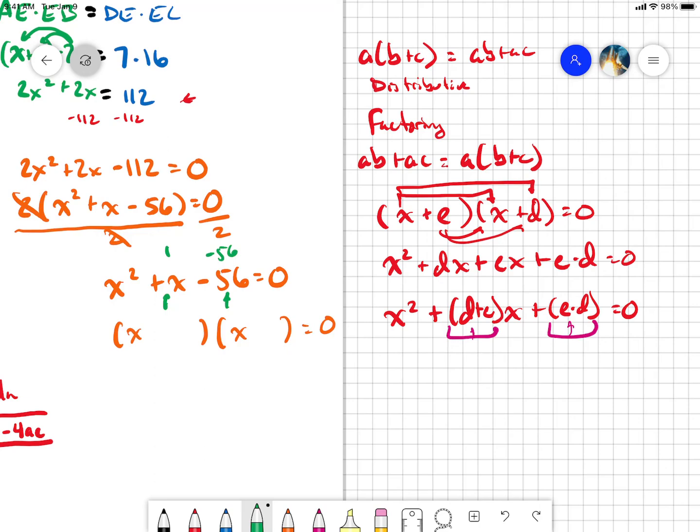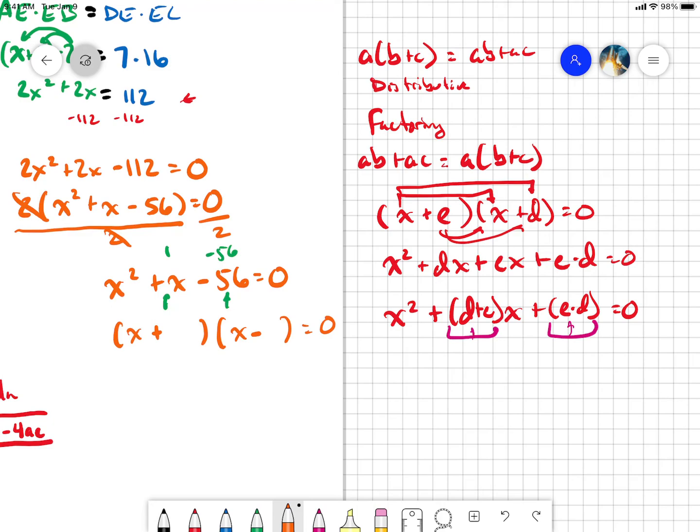Now, because it's negative 56, if I multiply two numbers together and they end up being a negative, doesn't that mean one's positive, one's negative? Because if they were both negative, I would end up with a positive number. If they were both positive, I'd end up with a positive number. So when I multiply them out, one has to be positive and one has to be negative. The question is, which one's which?